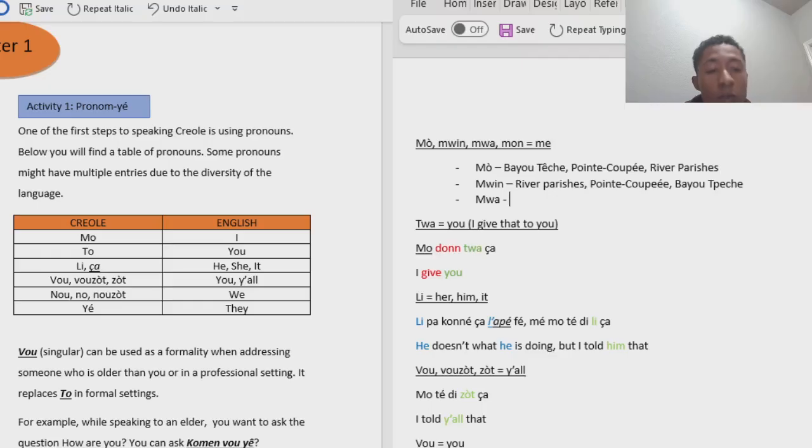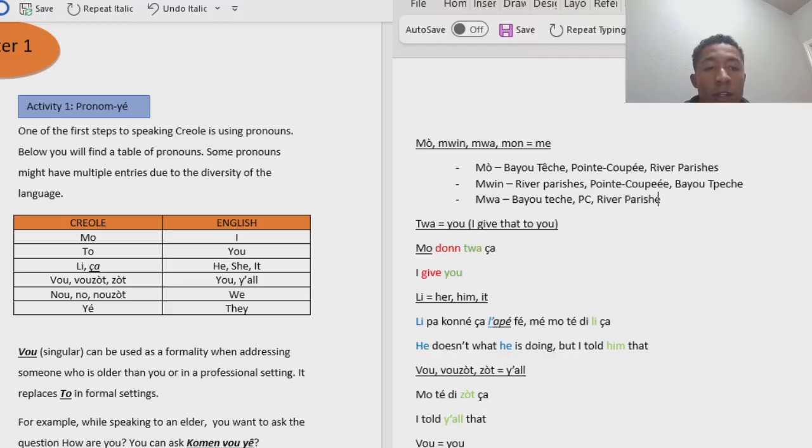And that can be due to a Frenchianism, or that can be due to influence by French speakers in the area that have historically looked down on Creole speakers. So that could be a reason, or it could just be a part of said language. So you might hear that along the Bayou Teche and Pointe-Coupée, or even in the river parishes.